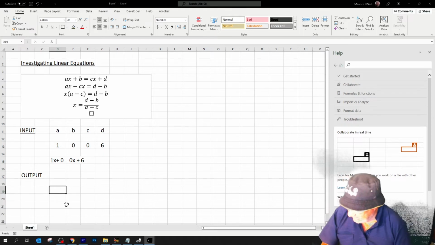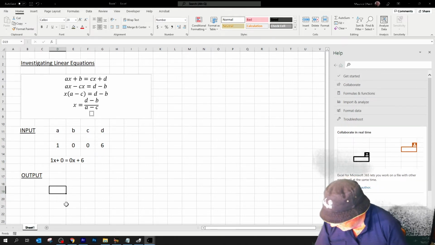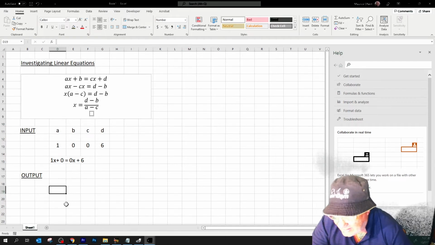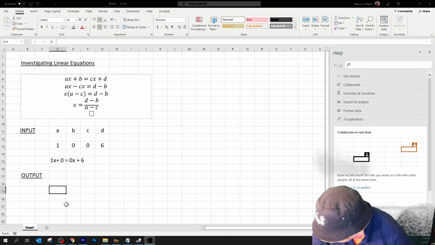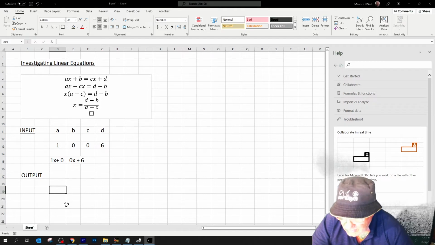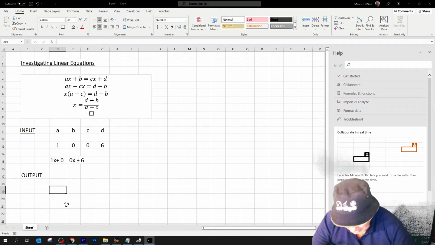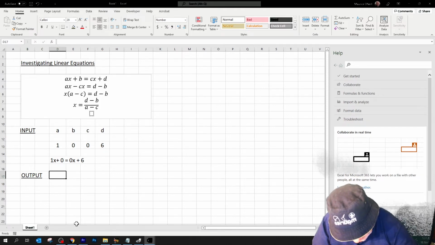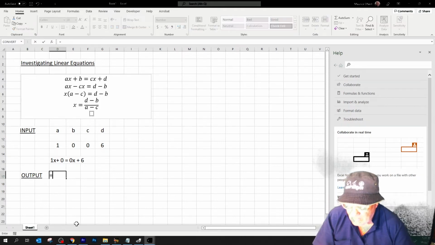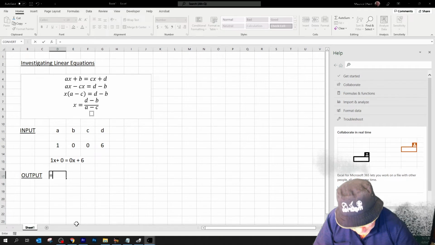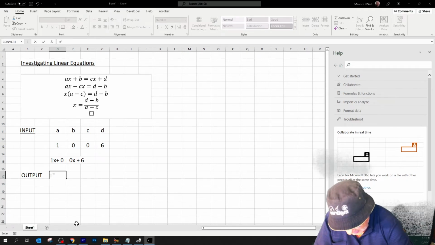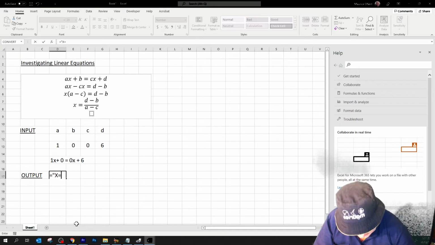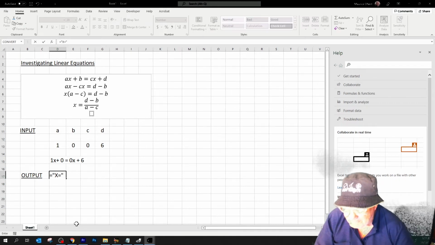So yeah, let's do our output here, and we want a formula here. Yeah, let's just put it here. We could go equals, and then x equals like that there.